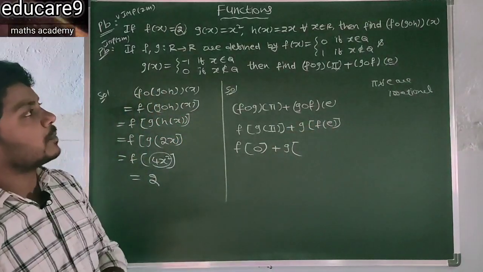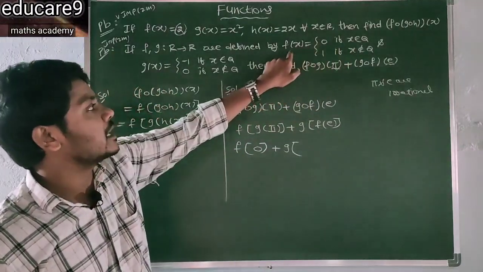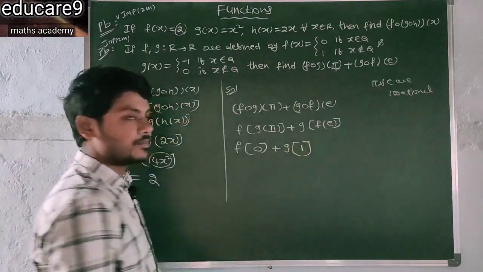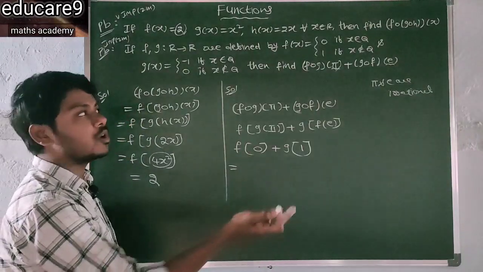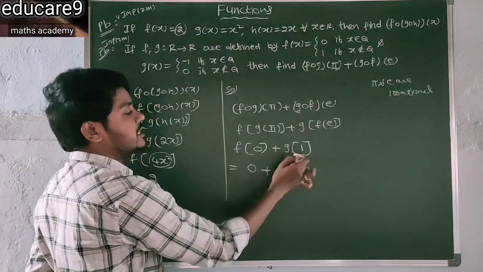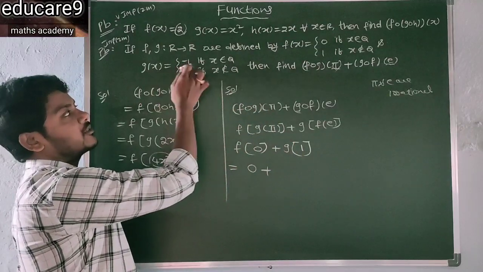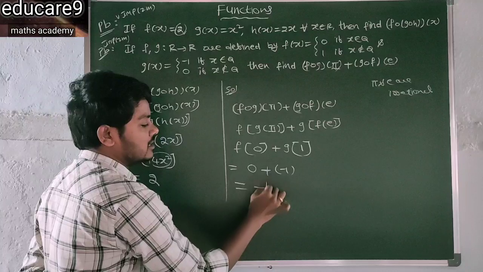So e does not belong to Q. So in that case f of x value is 1. So write 1. So what is f of 0? Clearly 0 belongs to Q. Then that value is 0. g of 1. So clearly 1 belongs to Q. So what is g of x value? Minus 1. So clearly this value is minus 1.